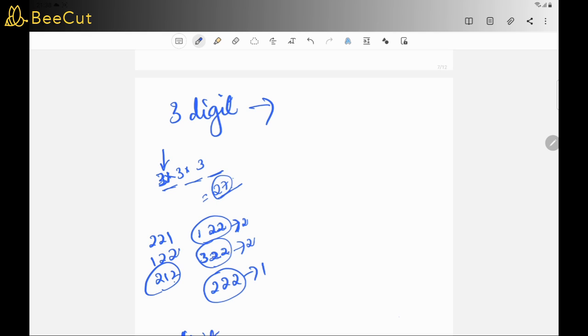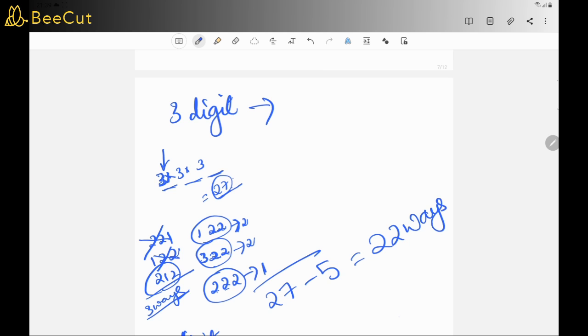Now let us go in depth with this 1, 2, 2. These 3 numbers can be arranged in 3 ways, out of which 2 ways would have 2 consecutive 2s, so I have eliminated it. And similarly for 3, 2, 2 as well, and 222, this is one number which will have all the consecutive 2s. So from 27 we need to subtract 5, so we are getting 22 ways.